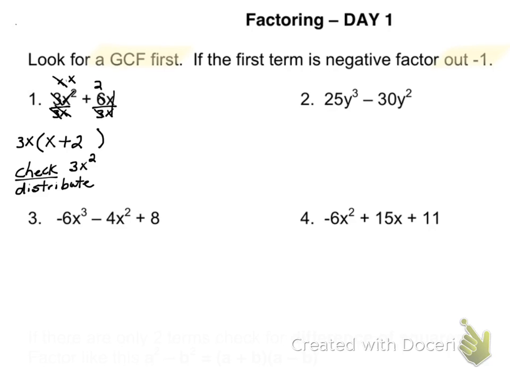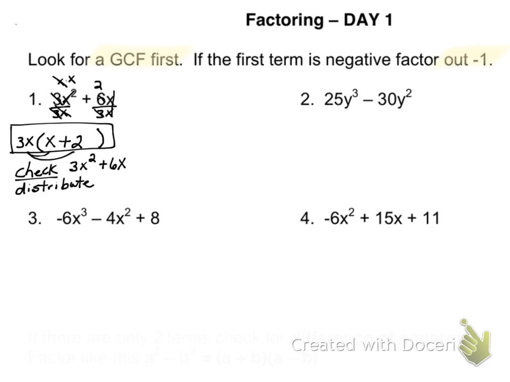That's not something you have to do, but it's a way to see if you've gotten the right answer or not. So 3x times x is 3x squared, and then 3x times 2 is 6x. And that should be exactly the same as what your problem was when you started, and it is. So that means this answer is a correct answer. And that's factoring out a greatest common factor.